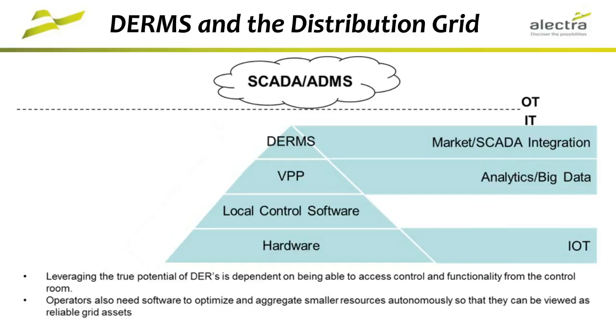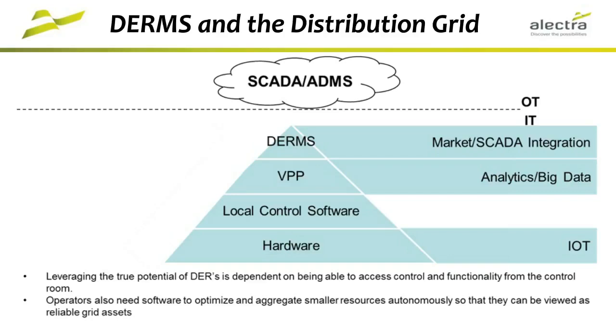We go up to local control software, which are edge devices that manage communications amongst either one or many different assets that might be on the ground. And then we see VPP as that layer that sits on top of that. It's a bit of an analytics big data layer that directly interfaces with control platforms that may be distributed across your network.